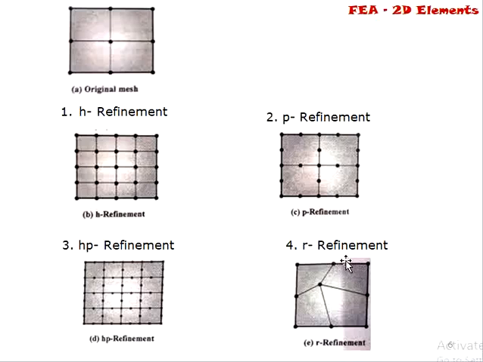In the fourth type, that is R refinement, the number of nodes as well as the number of elements remains the same with respect to the original mesh, but the solution is improved by rearrangement of nodes without changing the number of elements or degree of polynomial, just repositioning of nodes.